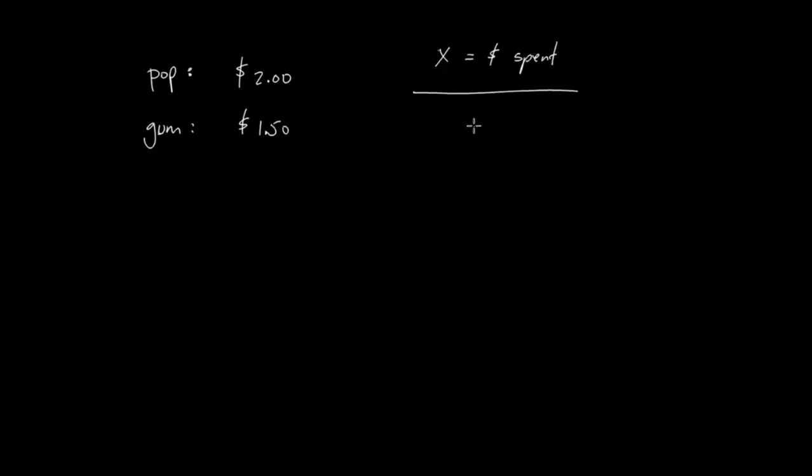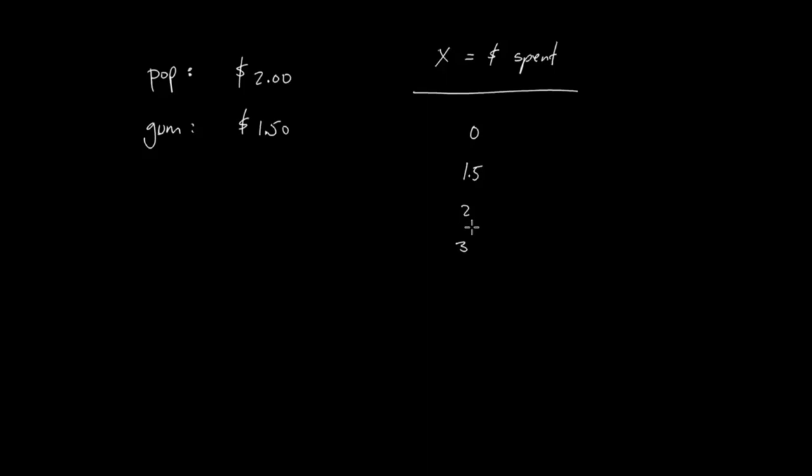Well, it's possible that a person might say that they didn't buy anything, so they spent 0. Or perhaps they bought just one package of gum, so they spent $1.50. The next lowest price would be that somebody only bought a pop. Or maybe somebody bought 2 packs of gum. That would be $3.